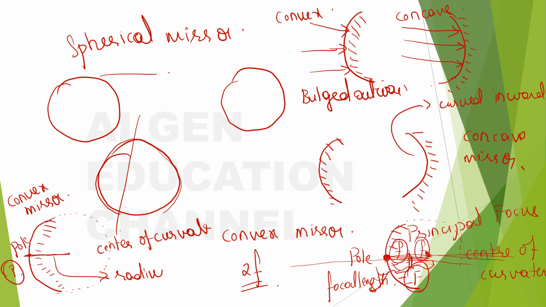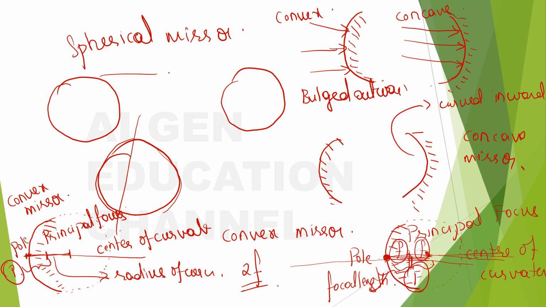The line joining the pole and the center of curvature is the principal axis of the mirror. The midpoint of the pole and the center of curvature is called the principal focus. And what is this length called?